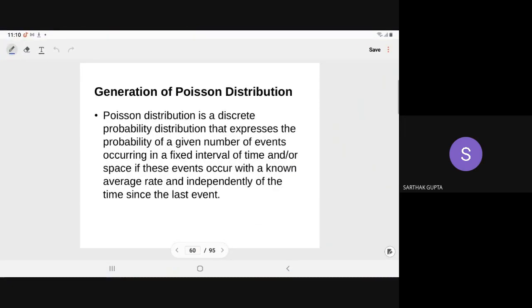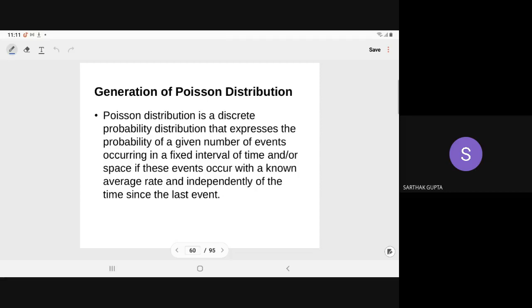So the Poisson distribution is a discrete probability distribution that expresses the probability of a given number of events occurring in a fixed interval of time and or space. Space means, for example, if we want to count how many bacteria or viruses we have in a particular room, it is the number of discrete events in continuous volume space.